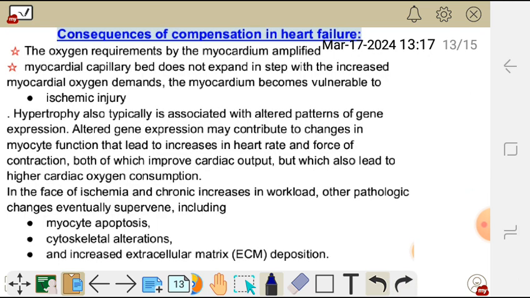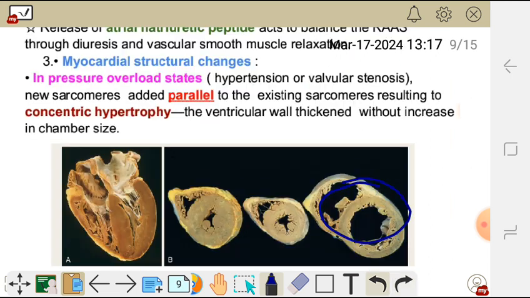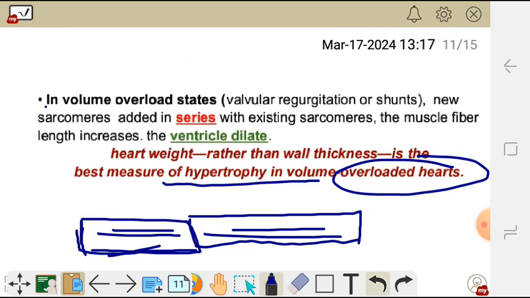Okay, so now what are some of the consequences of compensation in heart failure? So we have talked about three compensations here. So we have myocardial structural change, where we have an increase in the thickness in pressure overload states, and also in volume overload state, where we have sarcomeres increasing in length, okay, which are added in series.